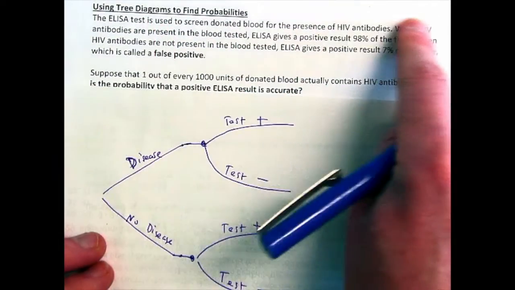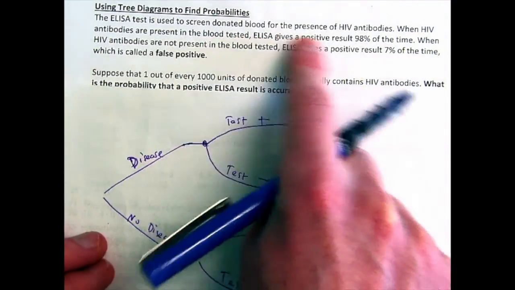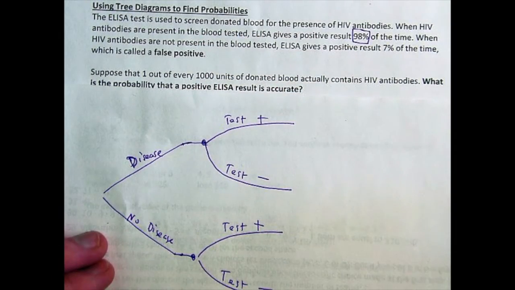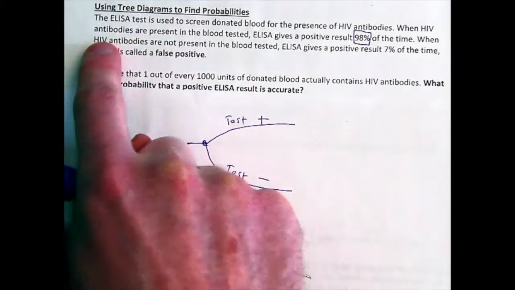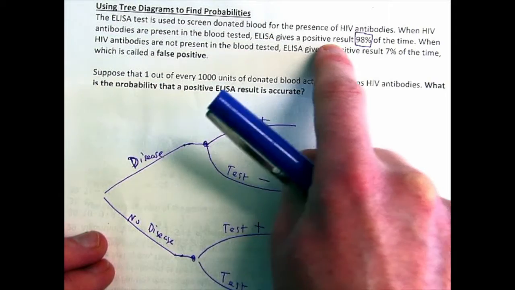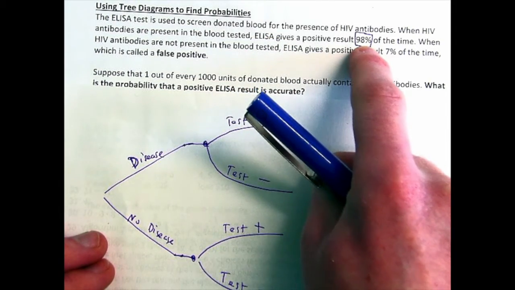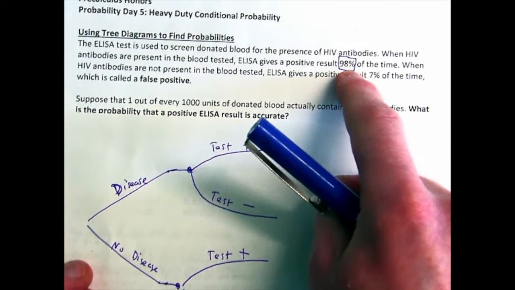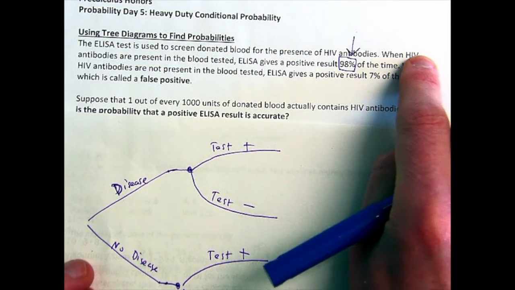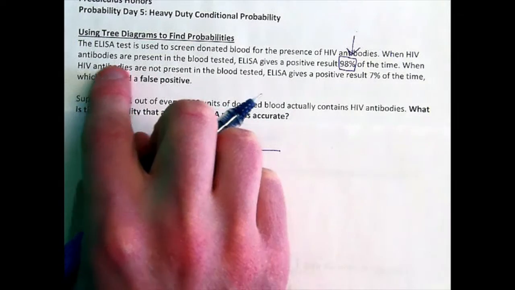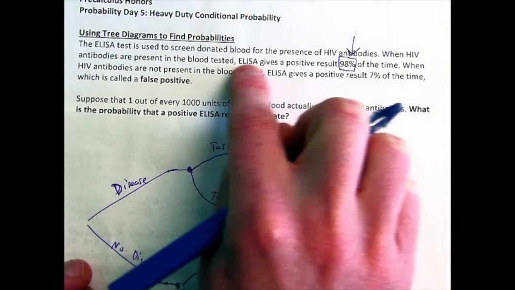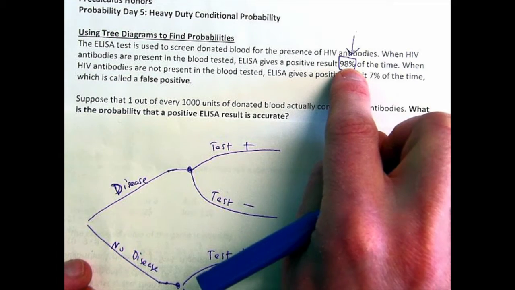So scanning through the problem quickly, the first number that I see is 98% of the time. What is that? It says when HIV antibodies are present in the blood, ELISA gives a positive result 98% of the time. So that's saying that given that there's an HIV infection, ELISA will be positive 98% of the time.